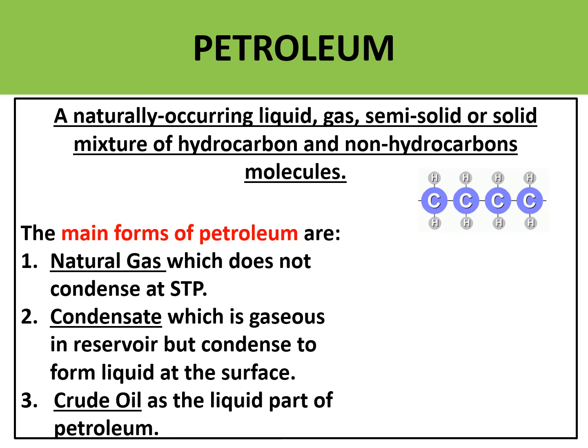Second, you may find condensate, which is a gas at reservoir conditions, but it condenses to form liquid when it reaches the surface. And third, of course in most entrapments, there will be a crude oil column, which is the liquid part of the petroleum.